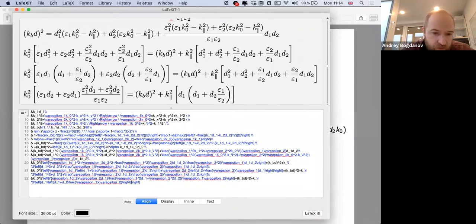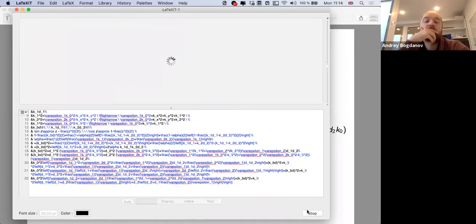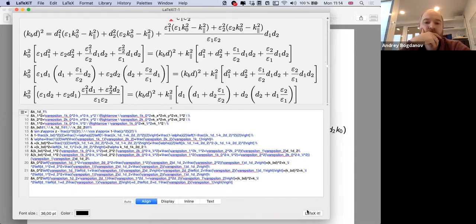And very similar story for the second bracket. D1, D2, D1, D2, D1. Okay, guys, and here I can also write the same bracket, you see?